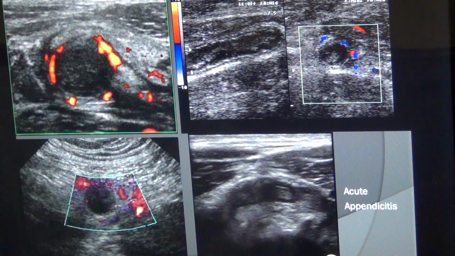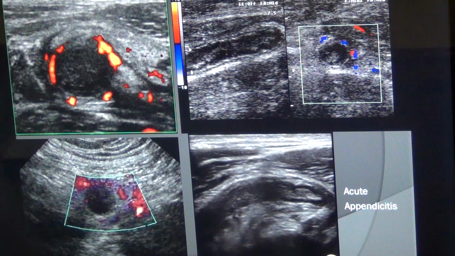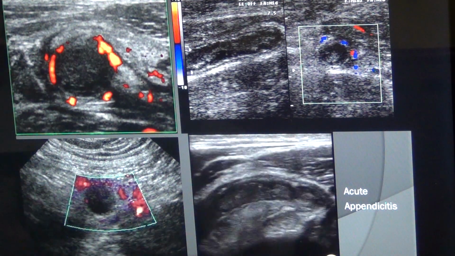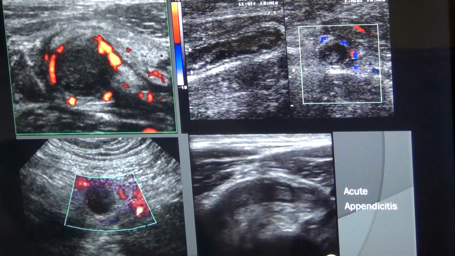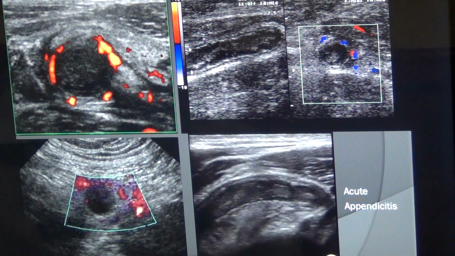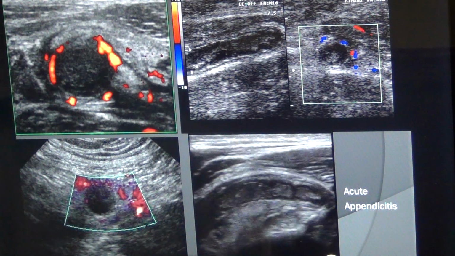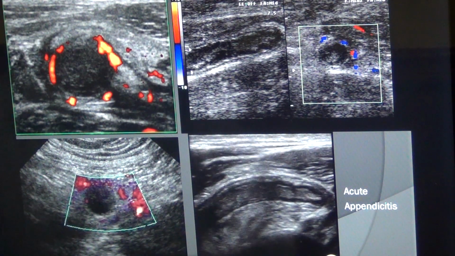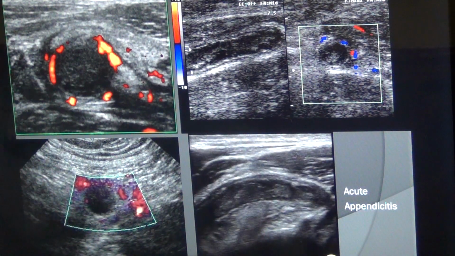That's why for children we will avoid the CT scan, but for the adult, yes, we will do the CT scan. So CT scan is the ideal modality for acute appendicitis for the adult patient. And those who can afford, they can also do the MRI. But MRI needs approval, it takes time.